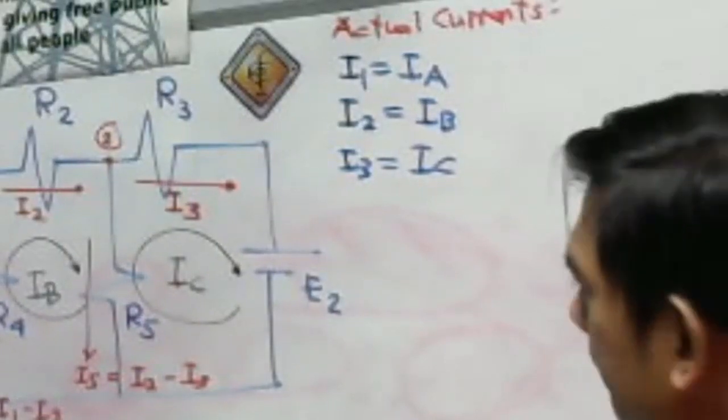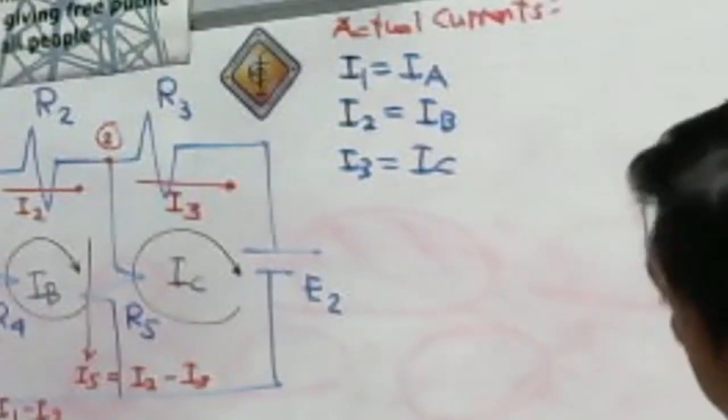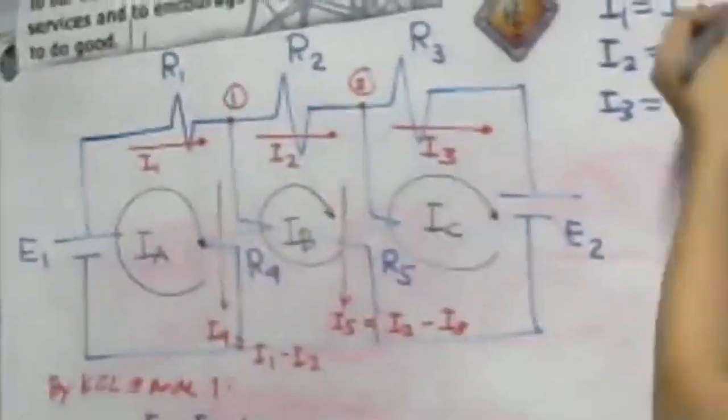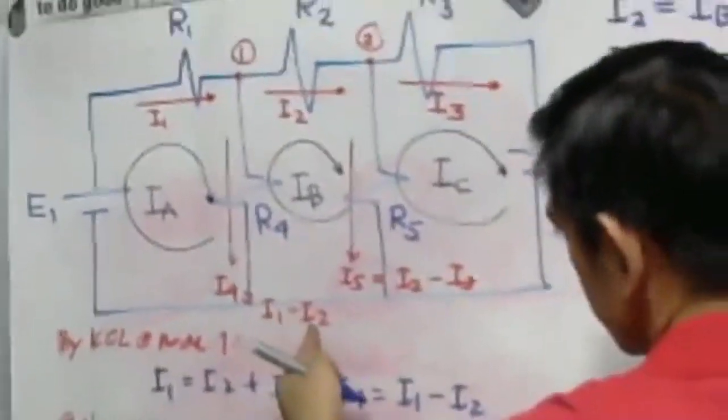Now, we will make use of Kirchhoff's voltage law. Oh, by the way, what is our I sub 4? Our I sub 4 is I1 minus I2.